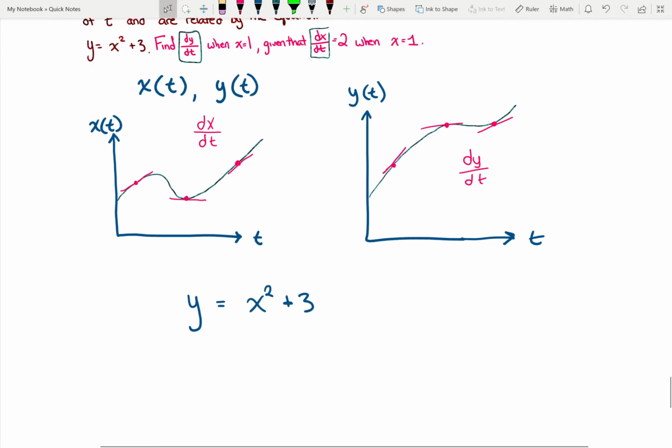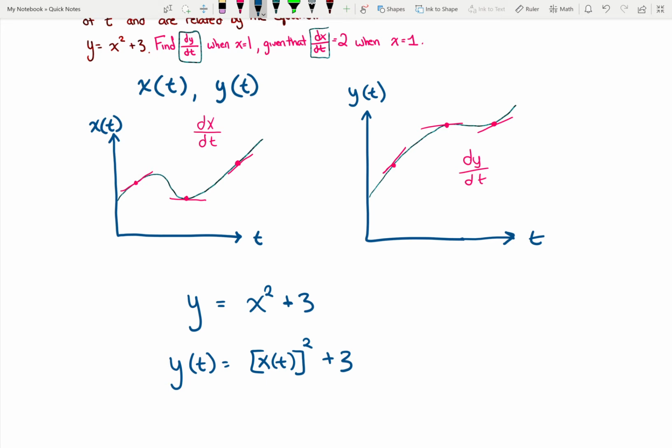So this sentence, y equals x squared plus 3, is actually an abbreviated form, like a nickname. The full name we should be labeling these is y of t equals [x of t] squared plus 3. I always put brackets here; you could put parentheses if you want, it doesn't matter.